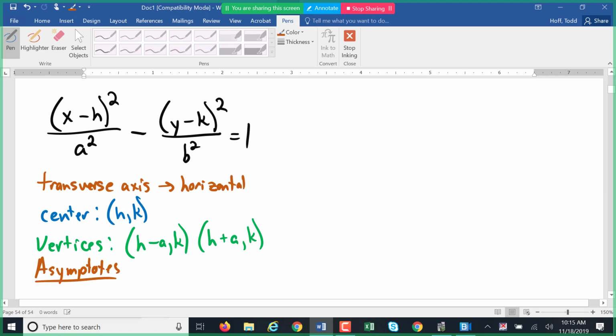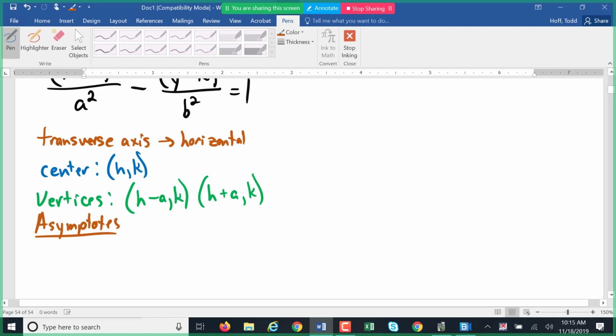The asymptotes: y minus k equals b over a times (x minus h), and y minus k equals negative b over a times (x minus h).